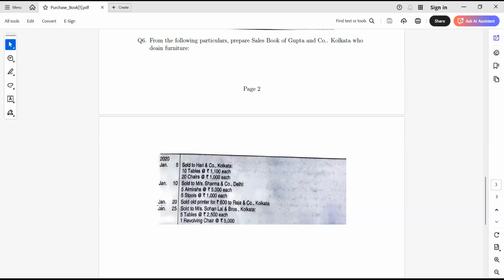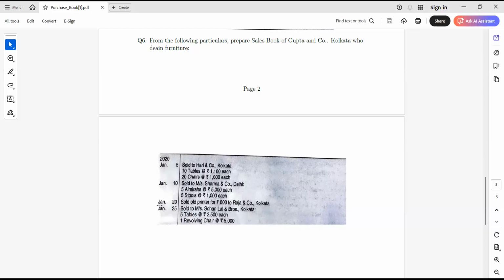There are 10 tables at the rate 1100 each. It means it will be 11,000. And 20 chairs at the rate 1,000 each. It should be 20,000. So total will be 31,000. Sorry, I told you the wrong. Yeah, it's 31,000. In the second transaction, 30,000.